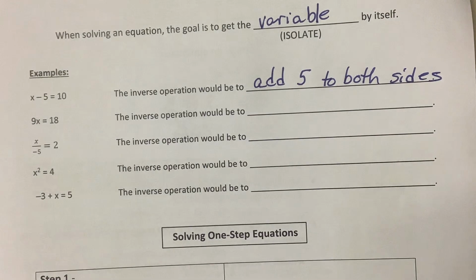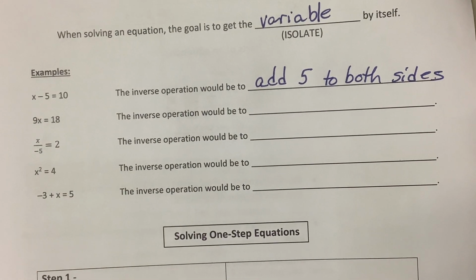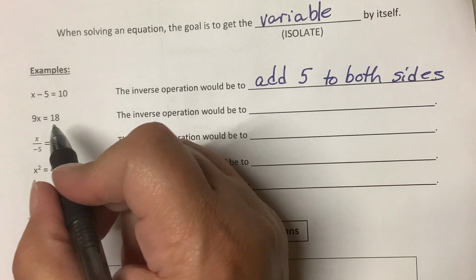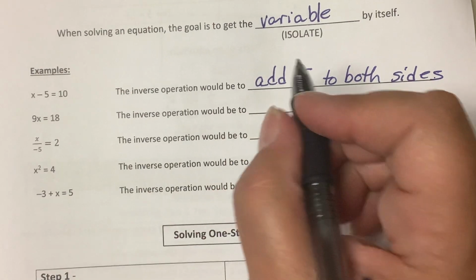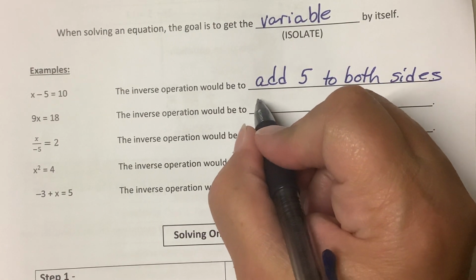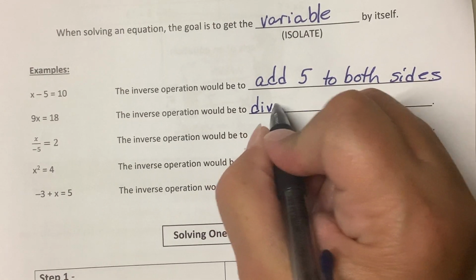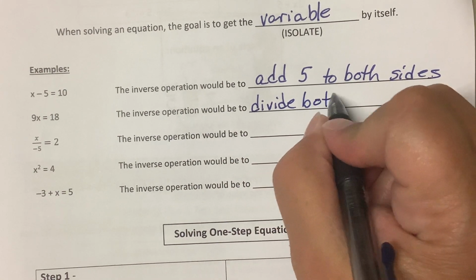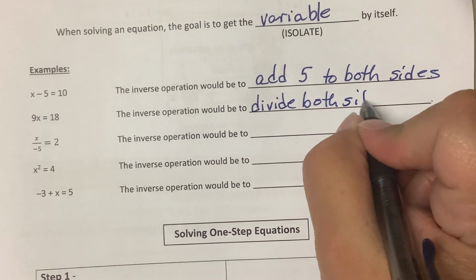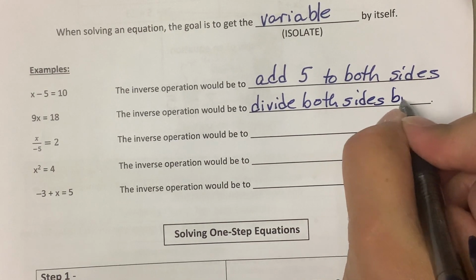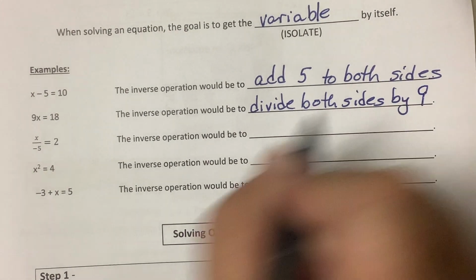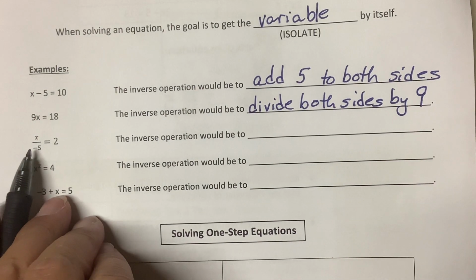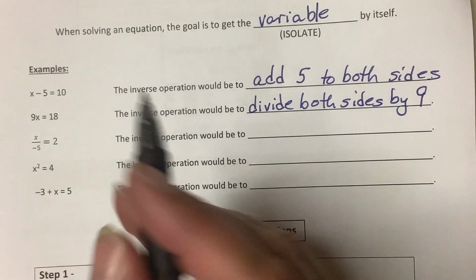So 9x equals 18. That's really saying 9 times x equals 18. The inverse operation would be to divide both sides by 9. Okay, this is division. The opposite of division, multiplication.